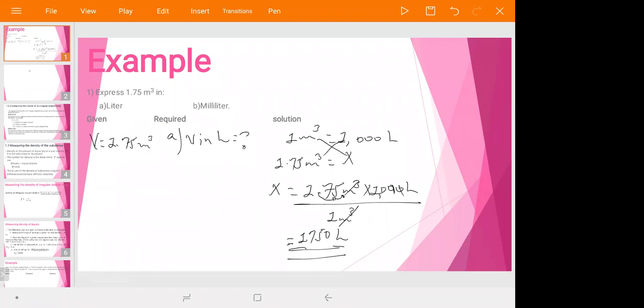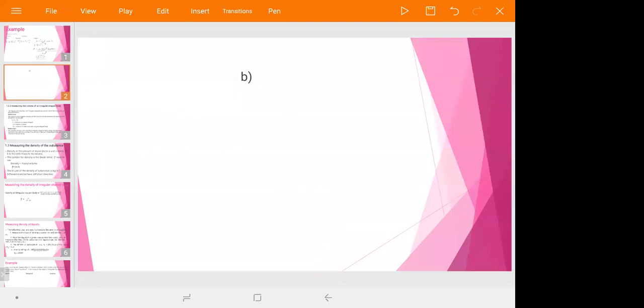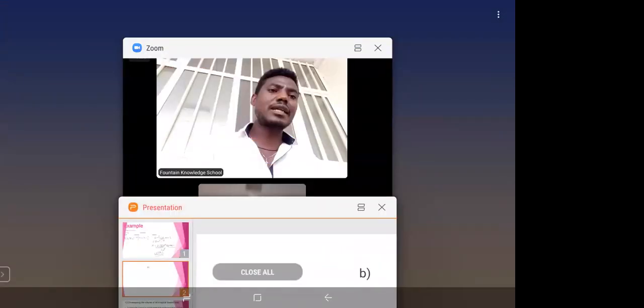I think this point is clear for you. Clear or not? So depending on this one, you can change the given meter cube into liter, and the volume given in liter you can change into meter cube.